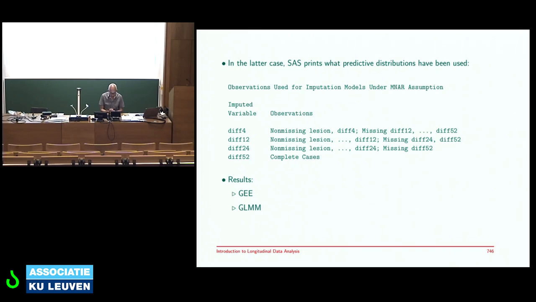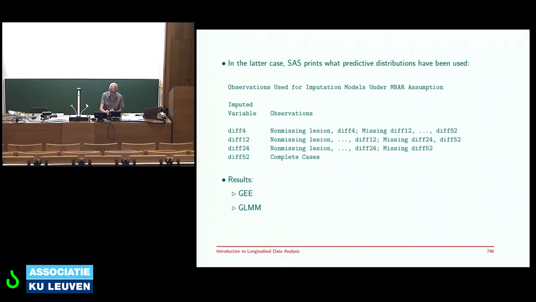Diff12 is imputed from observations that have lesion up to diff12 observed and the rest missing. That's the neighbor, right? Diff24 is imputed from subjects who have lesion up to diff24 observed, but the rest missing. Again, that's the neighbor. And diff52, well, that's the last one missing. The only neighbor to that is the complete cases, of course.